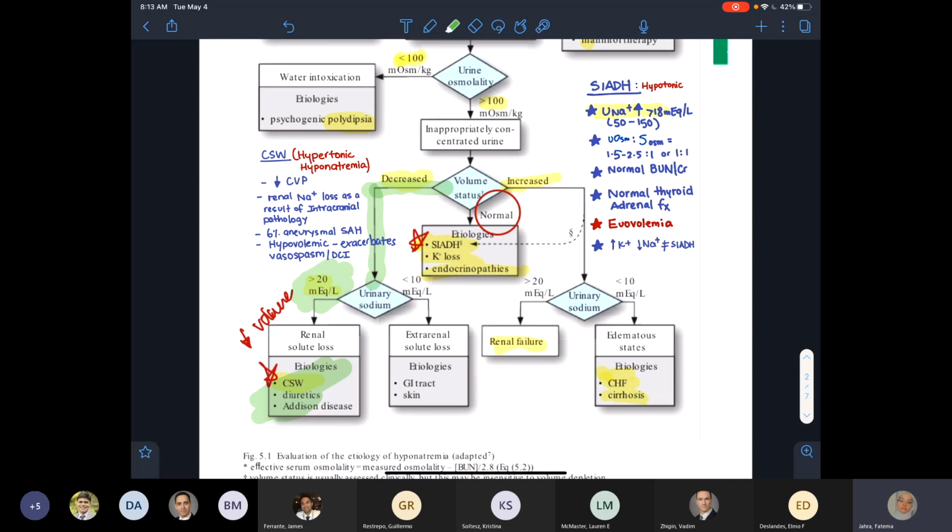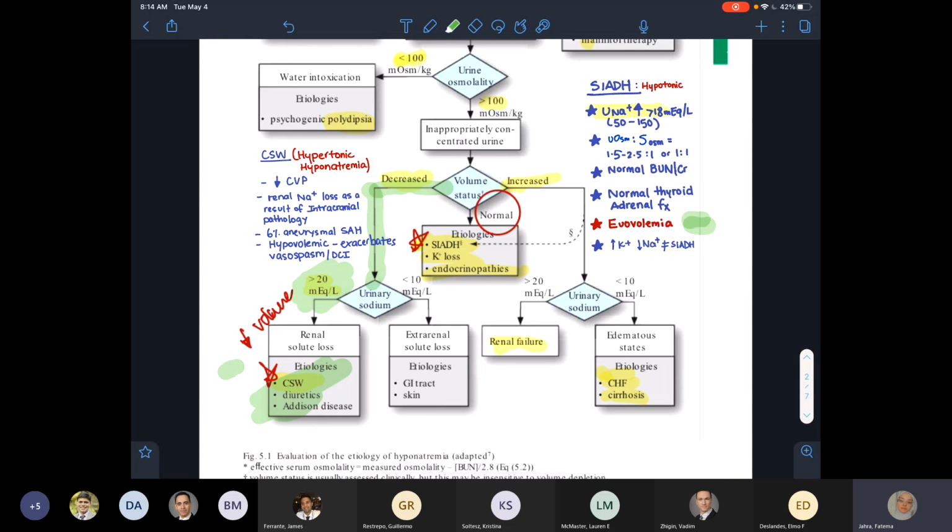So the key thing that we have to remember is that SIADH is euvolemic and salt wasting is hypovolemic. And it's important because the treatment of SIADH and cerebral salt wasting is opposite. In SIADH, you do fluid restriction, and I'm going to go to treatment in a second.